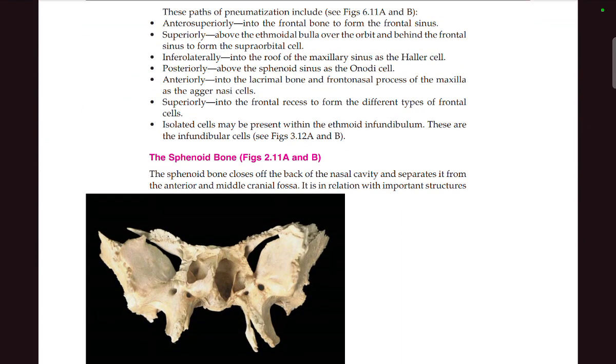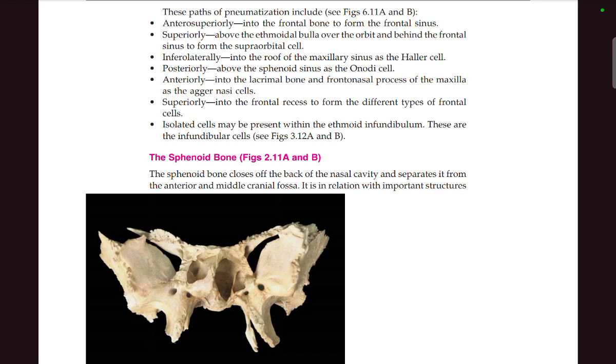These patterns of pneumatization include anteriorly and superiorly into the frontal bone to form the frontal sinus, superiorly above the ethmoid bulla over the orbit and behind the frontal sinus to form the supraorbital cell, inferolaterally into the roof of the maxillary sinus as a Haller cell, inferoposteriorly above the sphenoid sinus as the Onodi cell, anteriorly into the lacrimal bone and frontonasal process of the maxilla as agger nasi cells, and superiorly into the frontal recess to form the different types of frontal cells.